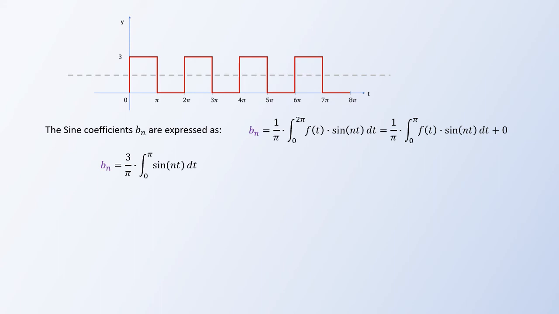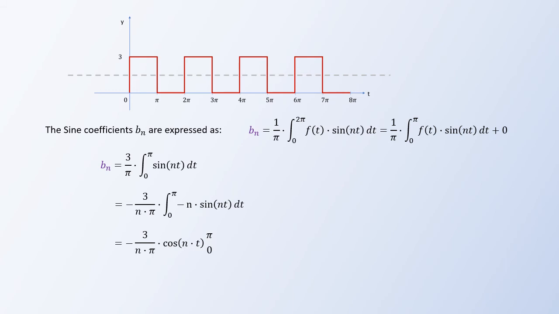And once again, we use our antiderivative trick by multiplying the inside, in this case by negative n, as you saw in a previous slide, and dividing on the outside by negative n. And so the antiderivative of that will be simply the cosine. So we have negative 3 over n pi times the cosine of nt evaluated from 0 to pi.